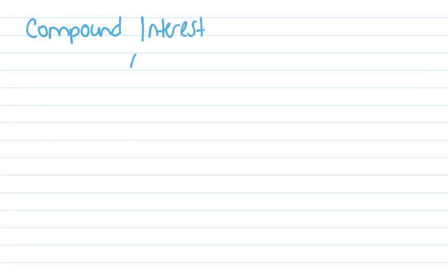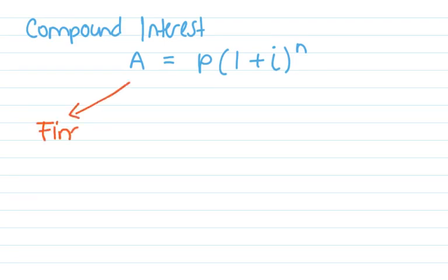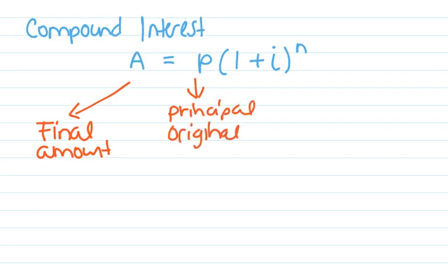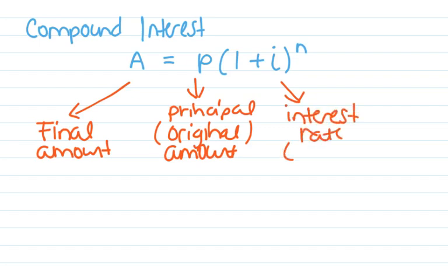And that one was A equals P times (1 plus i) to the power of n, where A was the final amount, P was the principal original amount, i is the interest rate in decimal form, and n is the number of compounding periods.